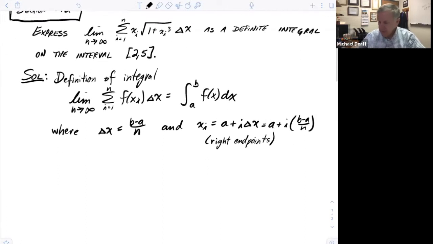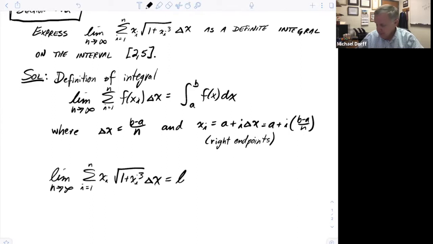Okay, so all we need to do is translate what we're given into the form of the integral. So again, we start with the limit as n goes to infinity of the sum i equals 1 to n of x sub i square root of 1 plus x sub i cubed delta x.